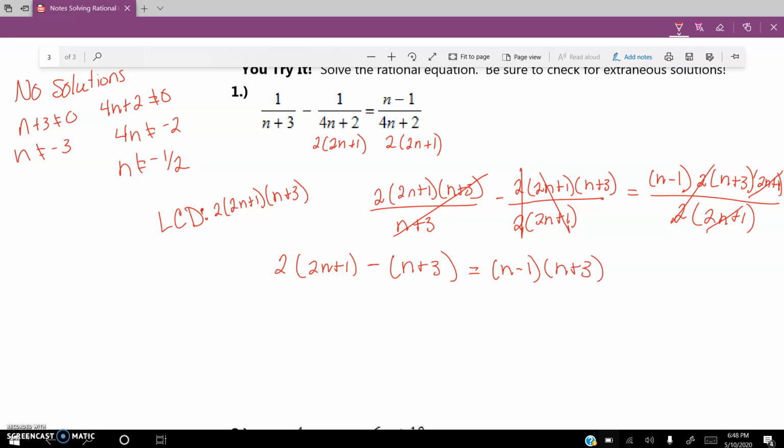Phew, we've got our work cut out for us on this one. Distribute 4n plus 2 minus n. Distribute my negative, minus 3. FOIL: n squared plus 3n minus 1n minus 3.